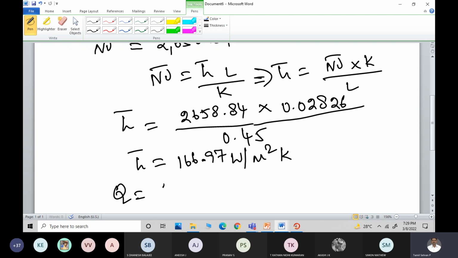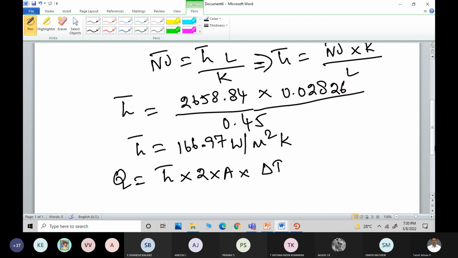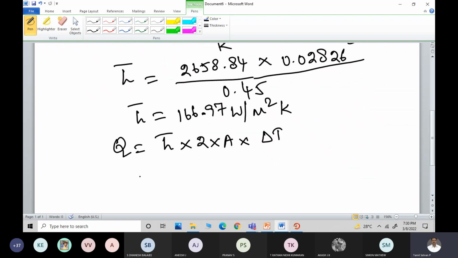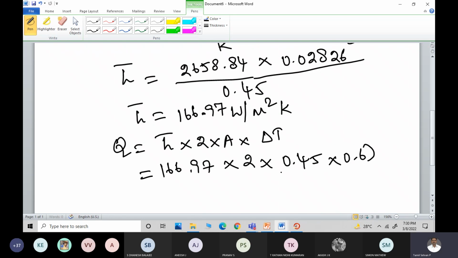So Q equals h bar into 2 times the area, because both the sides, into del T. So 166.97 into 2 into 0.45 into 0.6 into Ts minus T infinity, 90 minus 10.